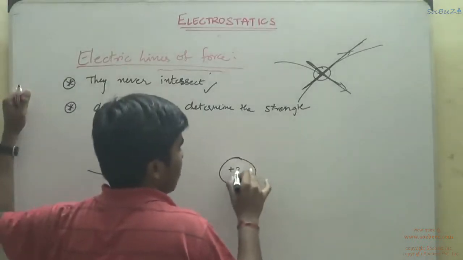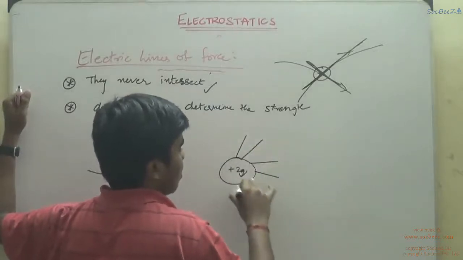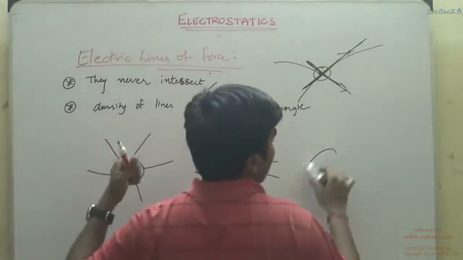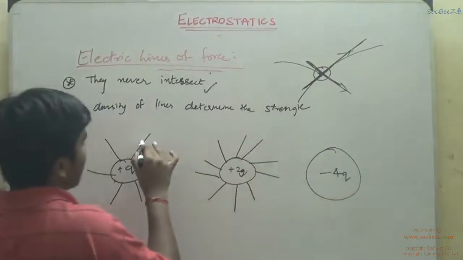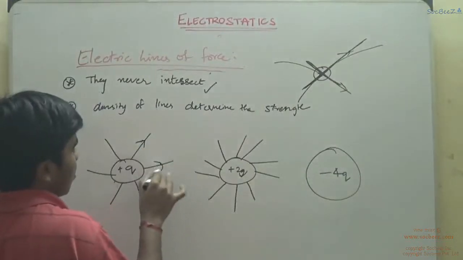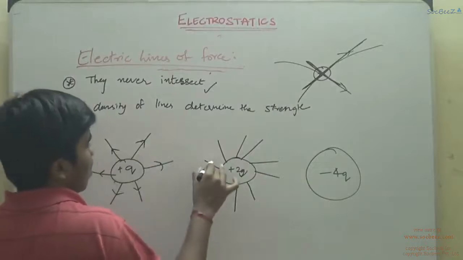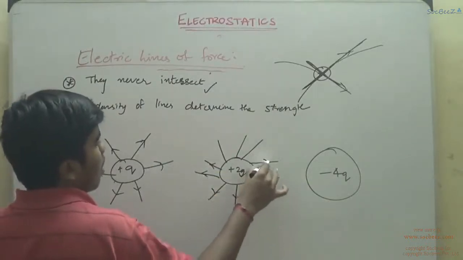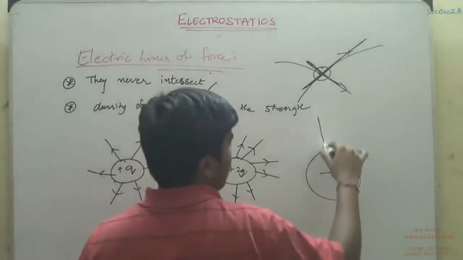Similarly, if it is a plus 2Q, it will go like this. The number of lines increases. If it is minus 4Q, the direction is coming in.